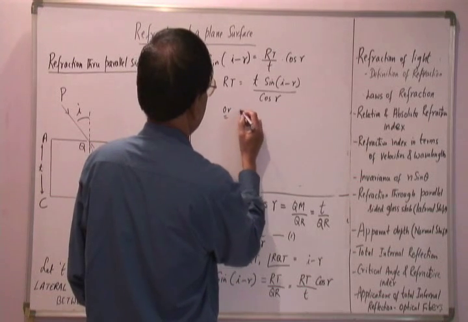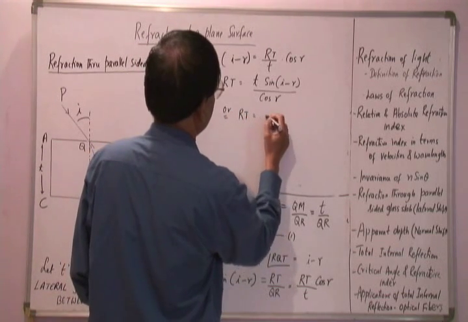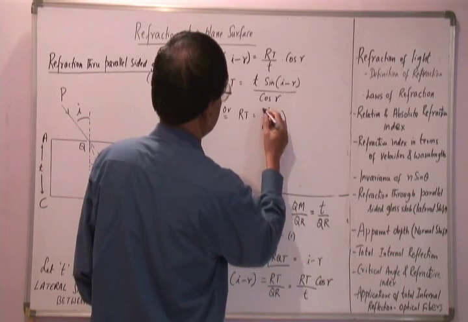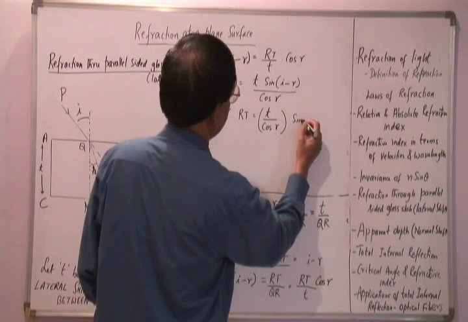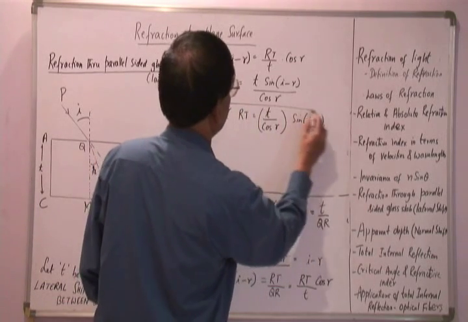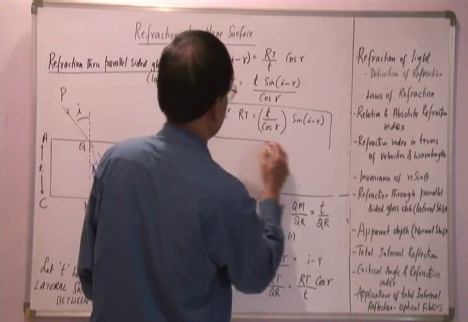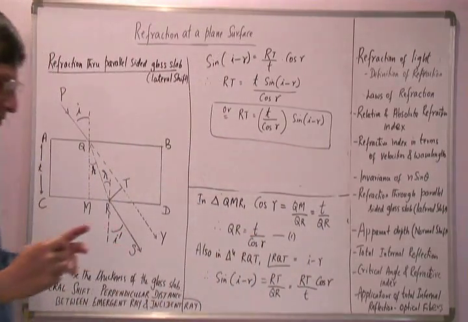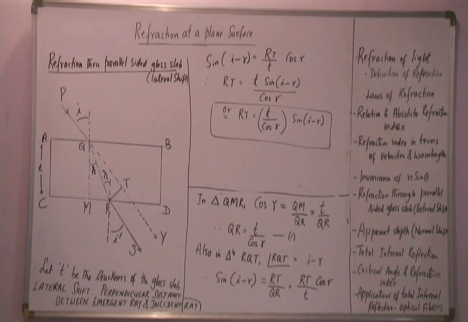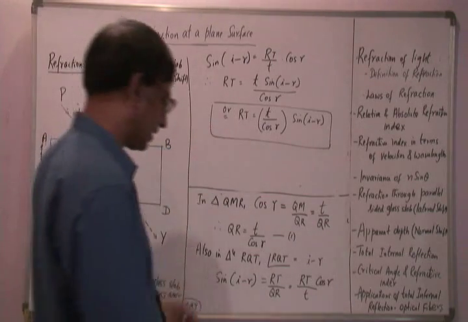Or RT is equal to T divided by cos r, into sin(i − r). This is the expression for the lateral shift.